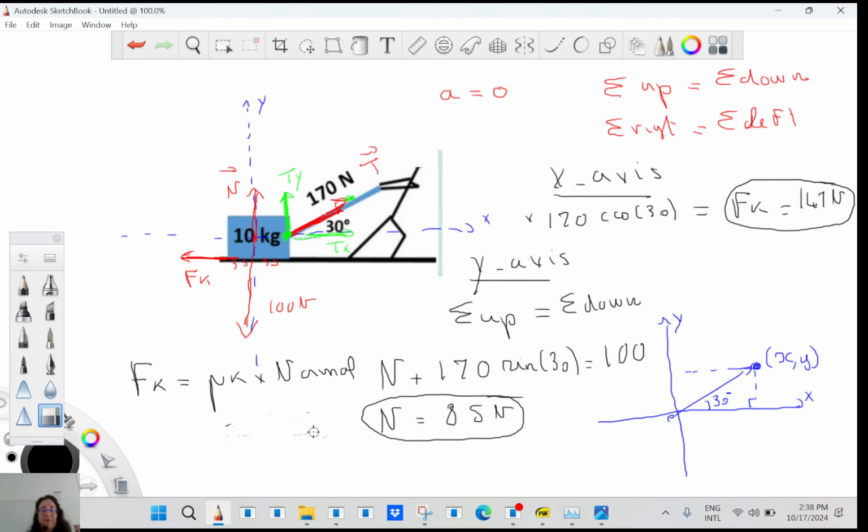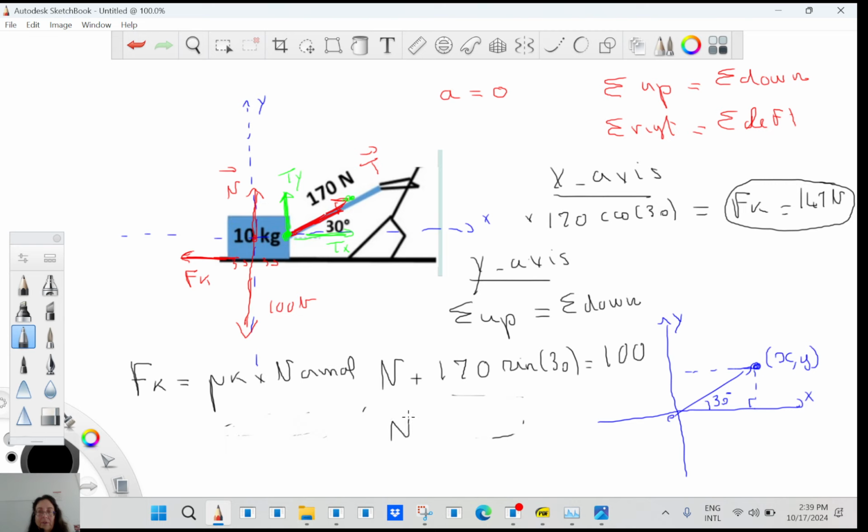How much was the normal force? Is that 85 here? Yeah, right? So no, there was a mistake here.